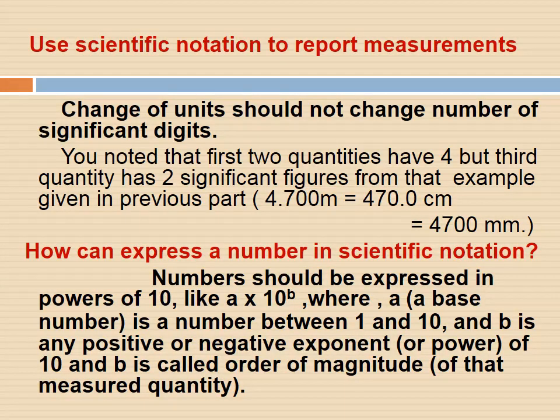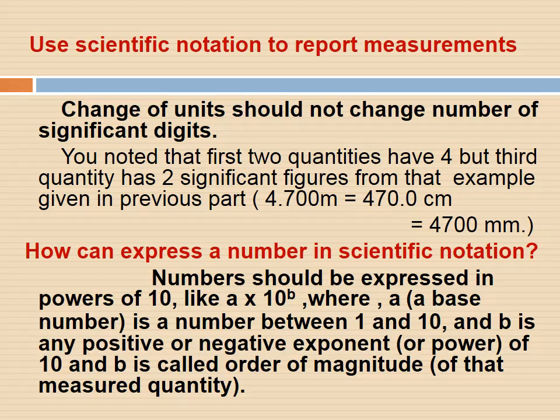From the previous part, you have understood that a change of units should not change the number of significant digits, and you also noted that the first two quantities have four significant figures, that is, when the same physical quantity length is expressed in meter and centimeter, but the third quantity has two significant figures. Here, this value is expressed in millimeter.